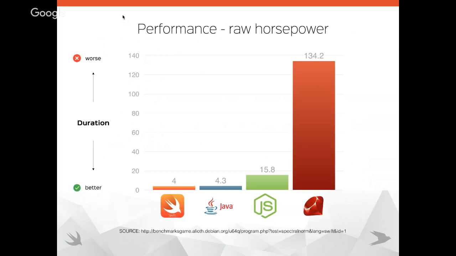But that's okay. Now let's have a look at JavaScript. Honestly, what was JavaScript written for? It was written to solve the client-side equation, and then it got co-opted to also be used on the server. So it's a hell of a lot better than Ruby, a hell of a lot better than Rails, but it's not overly fast.